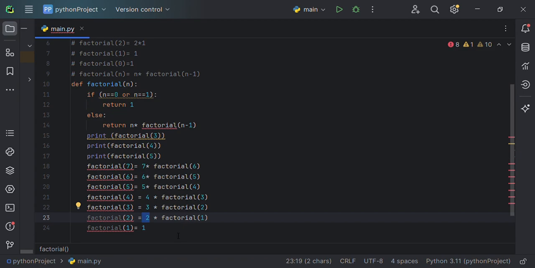So like this we have called the same function in itself. The function is the same but the argument is just different: this is n and this is n minus 1. This is all about recursion.